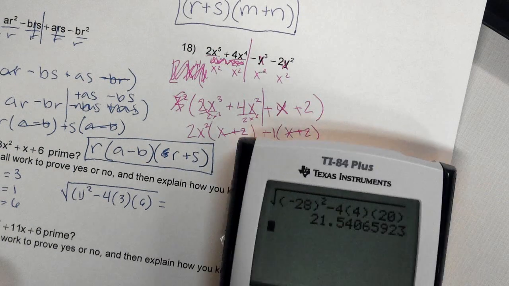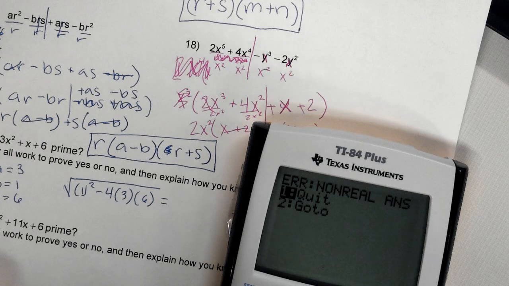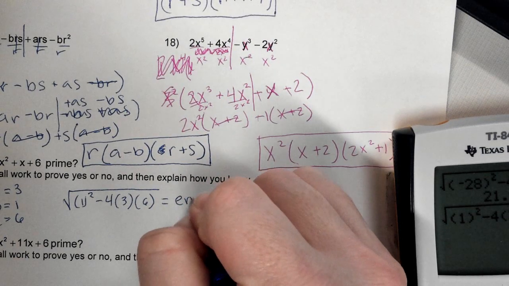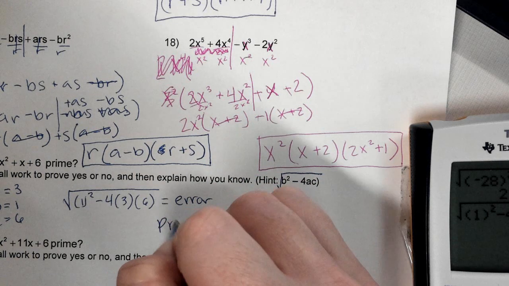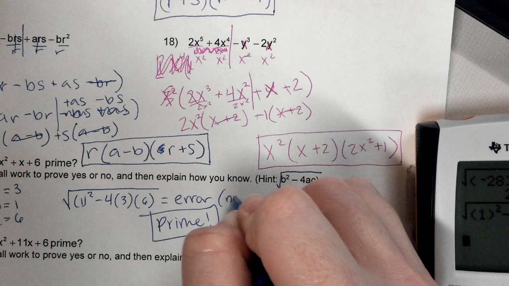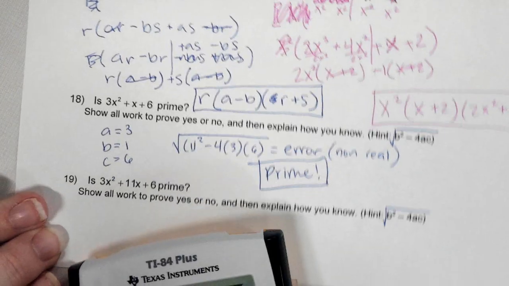And remember, if it equals a pretty number, it is not prime. If it equals an ugly number, it is prime. Say it says non-real answer. Error. So this is prime. So that proved to me that it's prime.